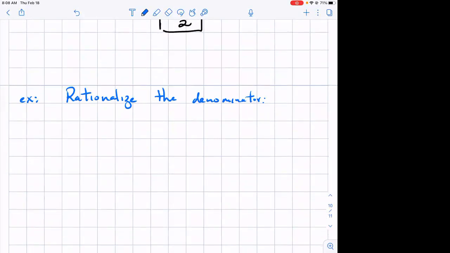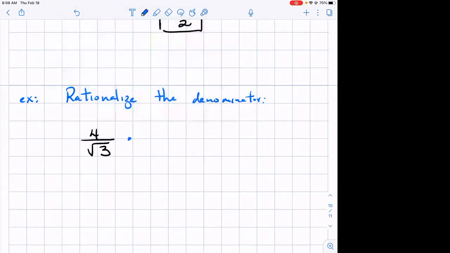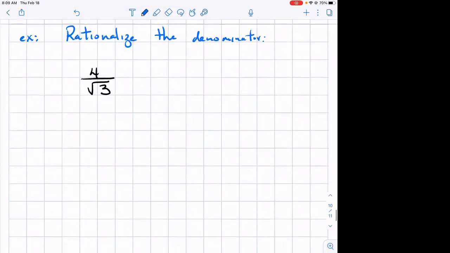If I have 4 divided by the square root of 3, we don't write square root of 3 in the denominator, and it's only one term. So I will multiply this. Let me rewrite that. We have 4 over the square root of 3.